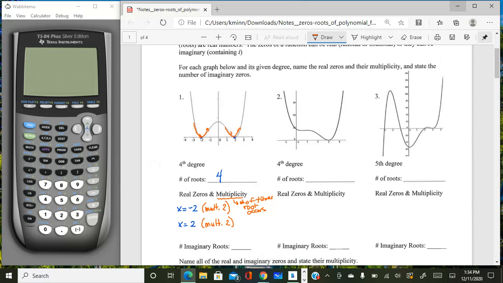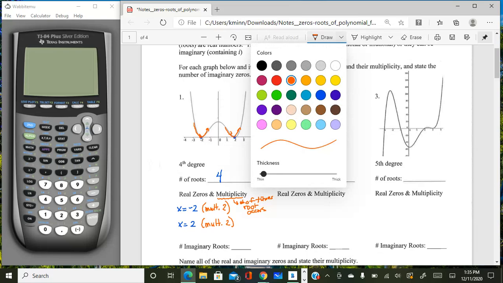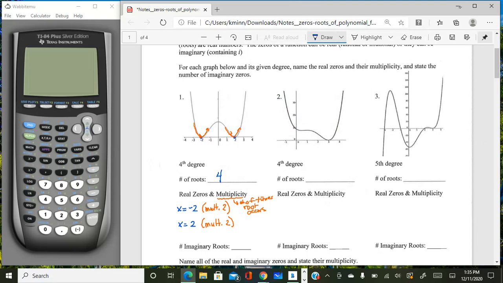It is important to also know that imaginary roots are also possible, but can't be seen on the graph. So in this case, if we have a fourth degree polynomial where -2 and 2 occurred twice, there's our 4 roots. We don't have any more options for our imaginary solutions. So our imaginary solutions would then just be 0.